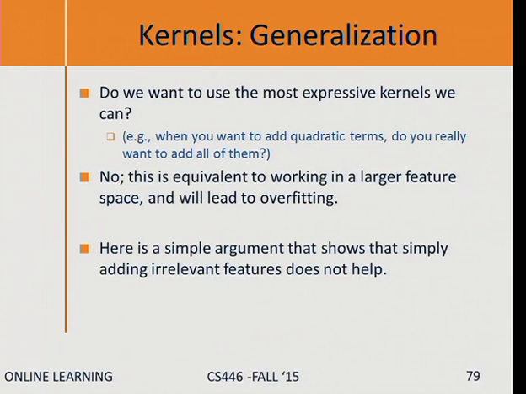Think about sentences. If your features are, say, a bag of words from a sentence, and you want to include conjunctions of two words, then if you include a quadratic kernel, it means that you take all possible conjunctions of words, right? But you may know that you don't really need all conjunctions of words. You just need conjunctions of words that are within a small window of each other, or maybe just consecutive words.